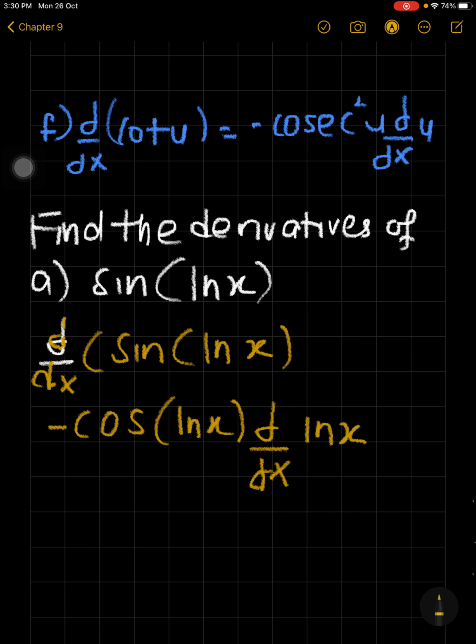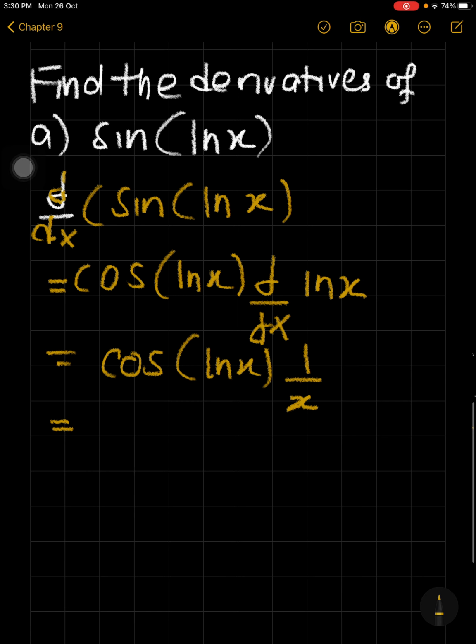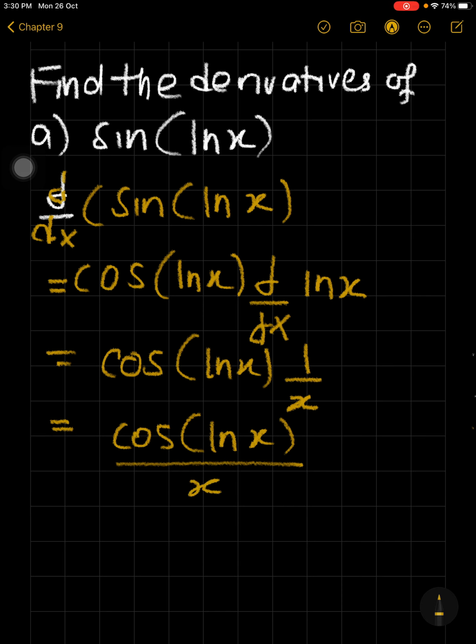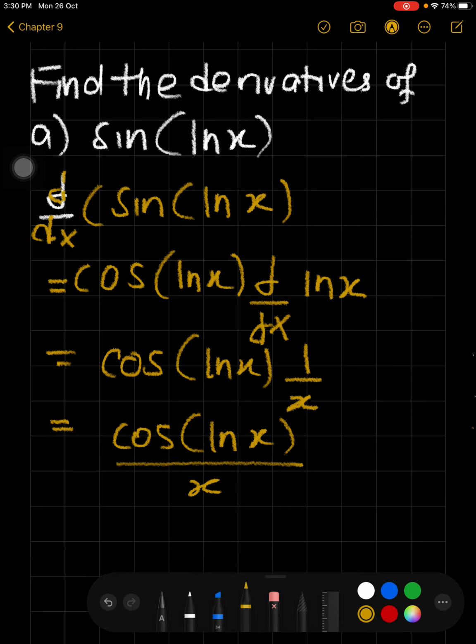So you akan dapat cos ln x. Ni memang you kena tulis sebab dia adalah you punya benda tu. Kalau contoh cos x, x lah. Ni dia punya tu ln x. So differentiate ln x, you akan dapat 1 over x. So the answer is cos ln x over x. Okay, kalau tak nampak lagi tak apa, kita pergi kepada next question.